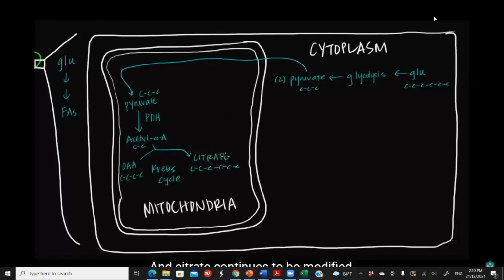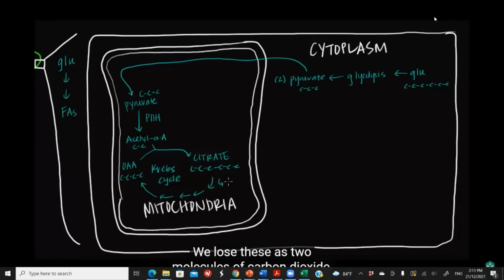And citrate continues to be modified, oxidized, and even broken down a little bit more, and it returns to form oxaloacetate, which means that we lose 2 carbons somewhere along this cycle, which we do indeed. We lose these as 2 molecules of carbon dioxide.